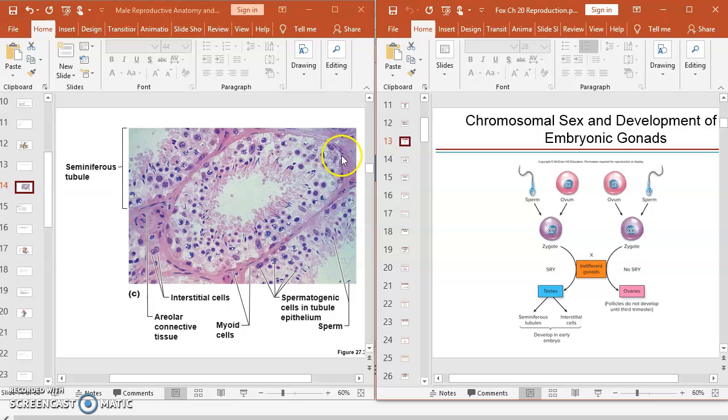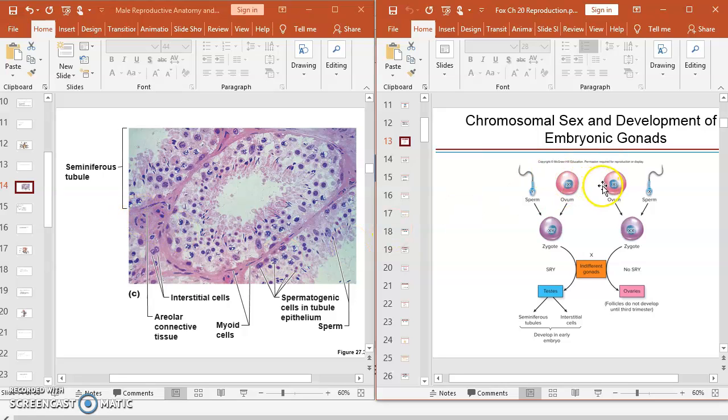So in other words, these cells here would be the ones in the tubule to actually start producing the sperm, which would be spermatogenic cells, and these other cells up in here would be those that support. Then in between tubules, you have interstitial cells, also called by eponym the interstitial cells of Leydig. And they call them interstitial because they're between the tubules, they're not within. And these are the cells that actually produce the testosterone.